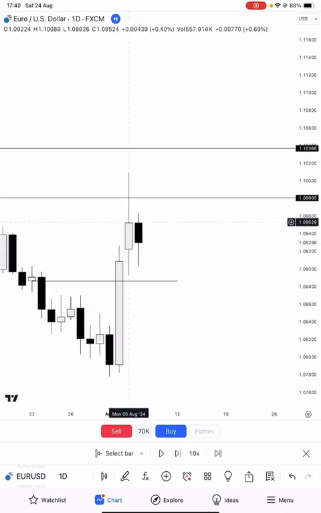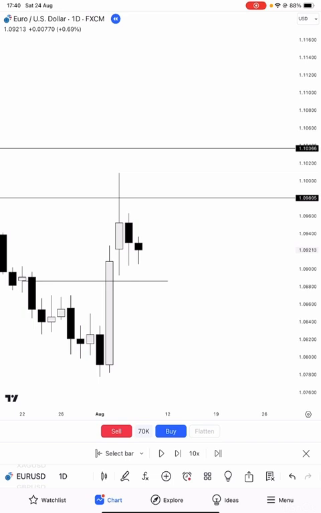So Monday opened up a large doji. Then Tuesday, I was expecting Tuesday to be the low of the week. However, Tuesday printed an inside bar. Wednesday did the same, and so in this case there is only one option.